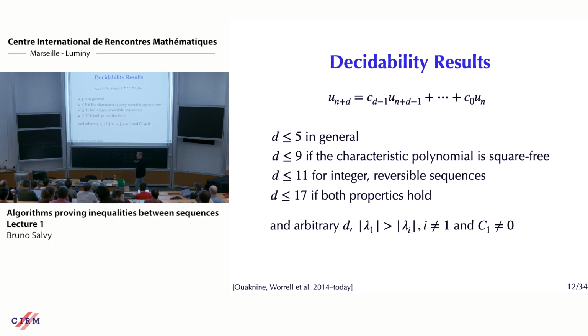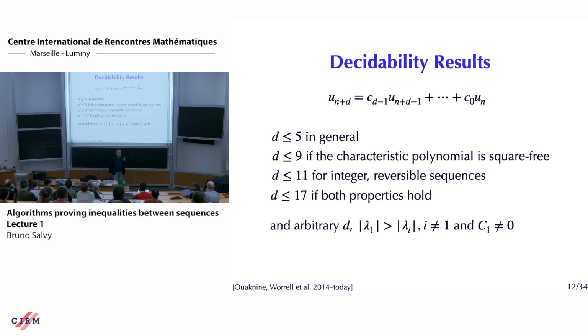If it's a sequence of integers and it's reversible, it means that when you unroll the recurrence backwards, so you produce u_{-1}, u_{-2}, and so on, and you still get integers, then you have decidability up to order 11. And if you have both characteristic polynomial square free and reversible sequence, then you have decidability up to order 17. So that's many papers in the past 10 years on those questions.